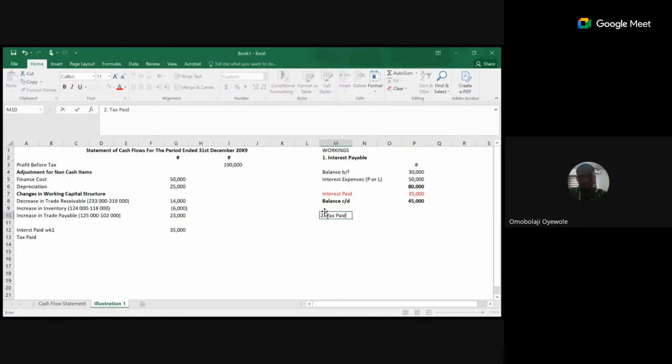Now, working note 2, tax paid, or let me just say taxation. Now, I want to recognize taxation. So the same thing we have done here. Balance brought forward. Now, for tax payable, as at the beginning of the period, my balance brought forward is 52,000.